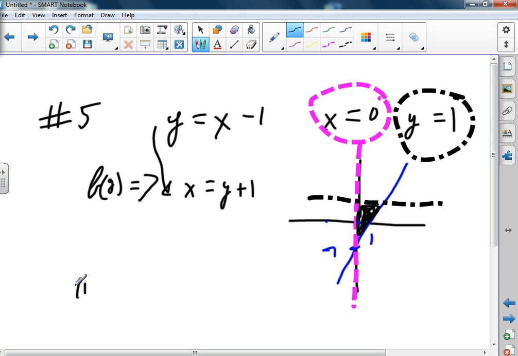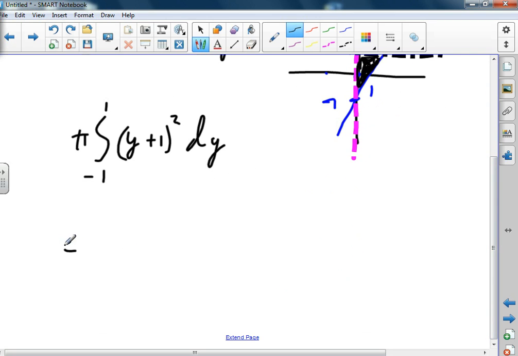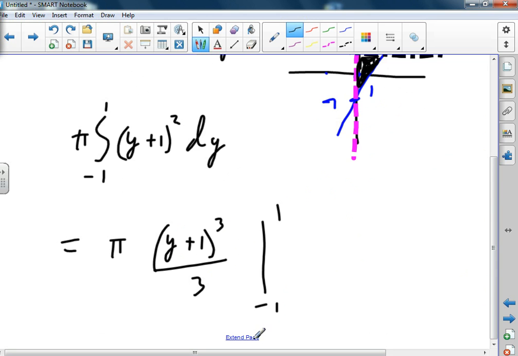So we want pi times the integral of y plus 1 squared dy, and y is going to go between minus 1 and 1. So that's the integral we're doing. I got y plus 1 cubed divided by 3, evaluated at minus 1 and 1.